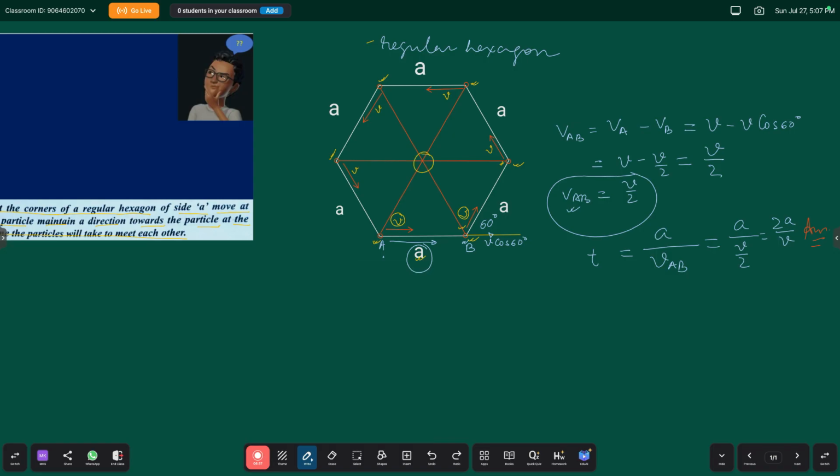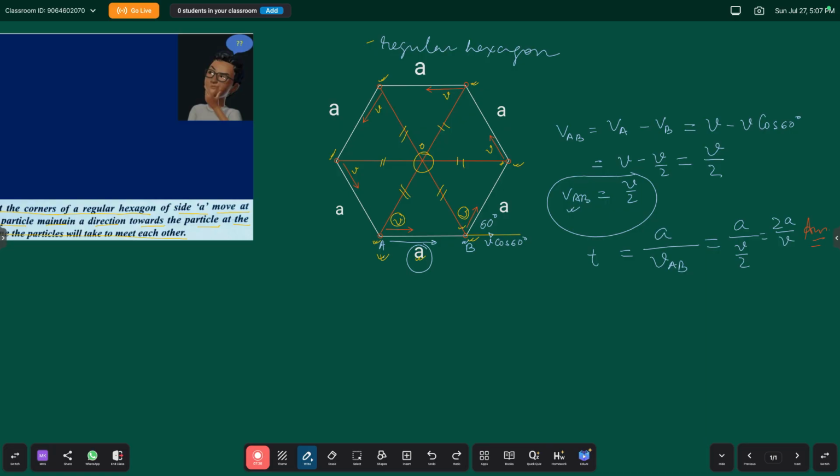So this is the center of the hexagon. So you can say that each particle has covered a displacement this much, to meet at point O, if we call the center O.